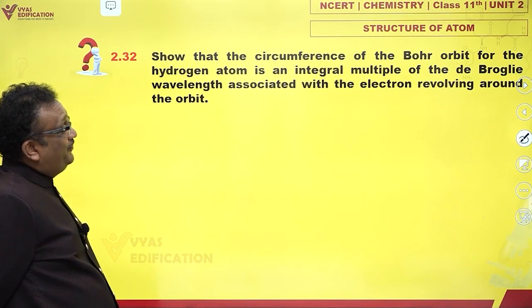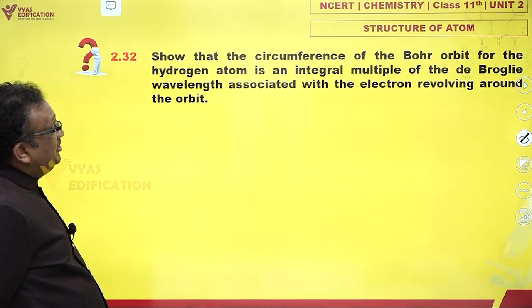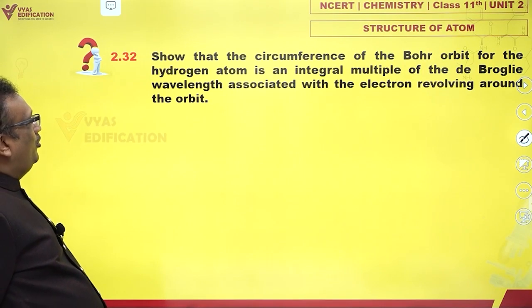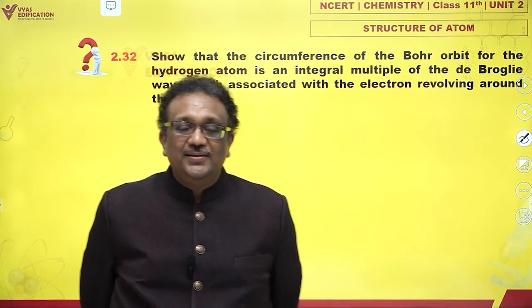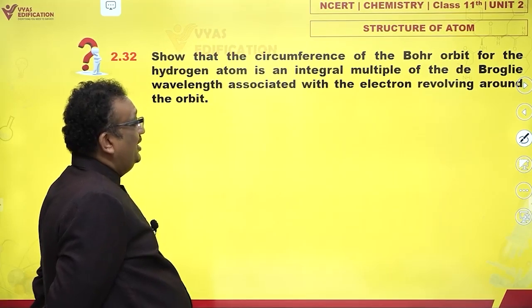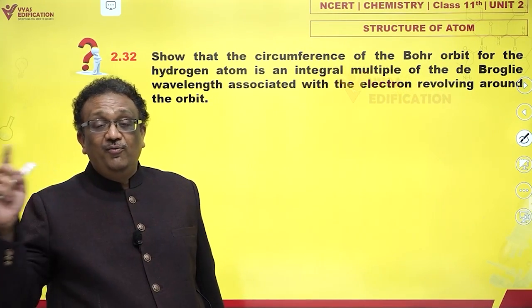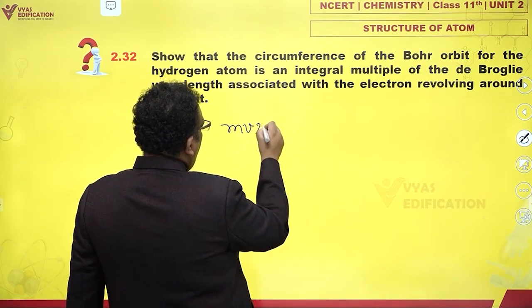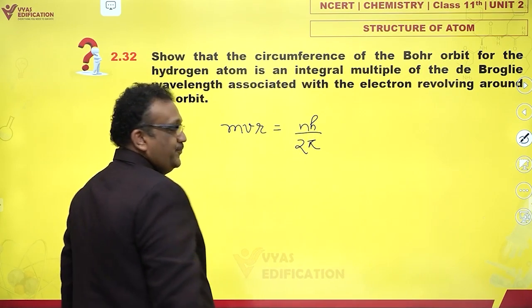Show that the circumference of Bohr orbit for the hydrogen atom is an integral multiple of the de Broglie wavelength associated with the electron revolving around the orbit. That's very interesting. Now, if you remember, Bohr's theory said that electron can revolve only in those orbits for which MVR is nh upon 2 pi.